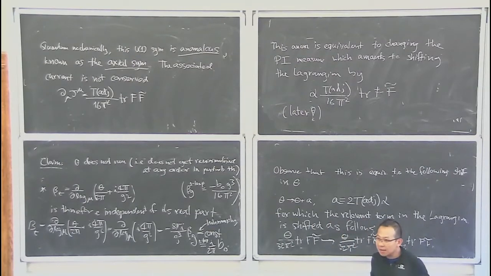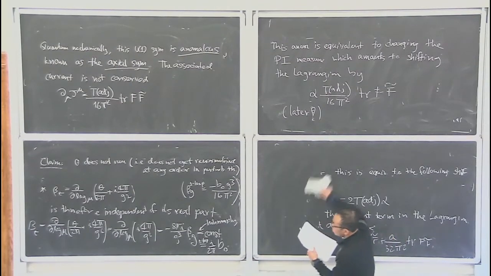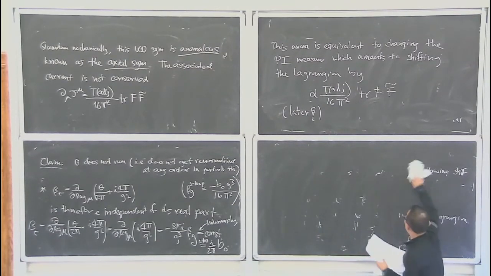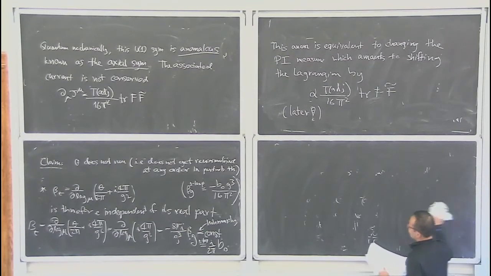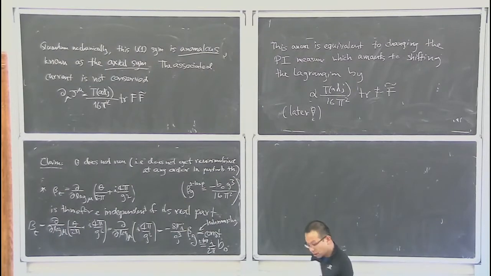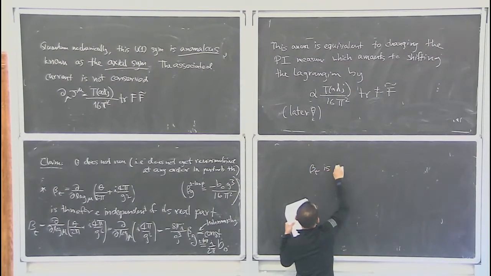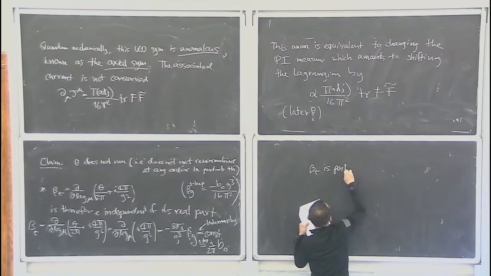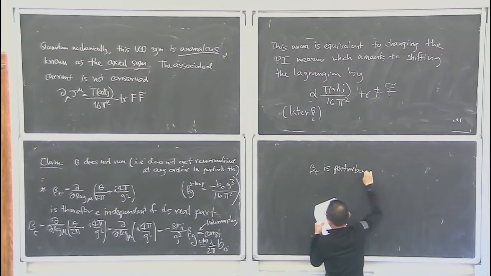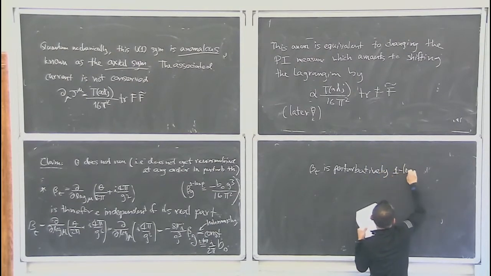Let me state that perturbatively it is exact to one loop, okay? So now let me proceed. Beta of tau is perturbatively one loop exact.